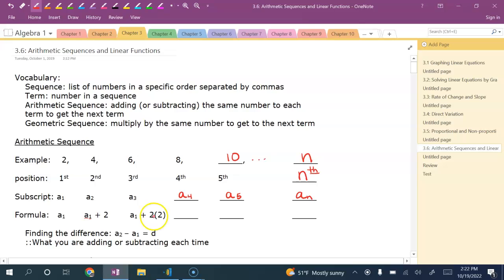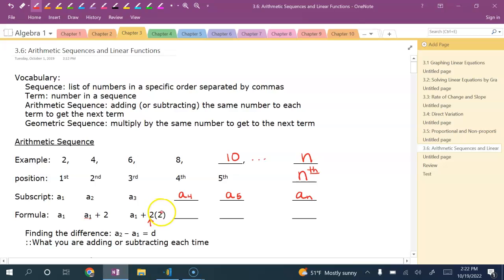So what you want to look at is you're always going to have the first term, A1, plus your 2, because you're adding 2 each time. So this 2 is what you're adding, or if it was plus 3 each time, a 3 would go there instead.